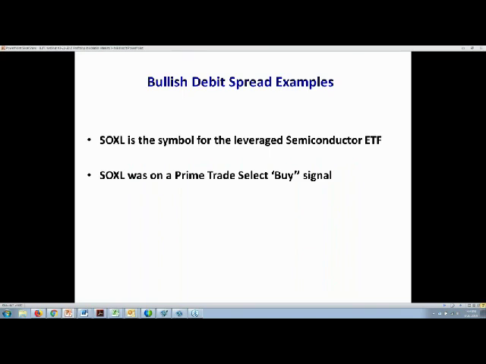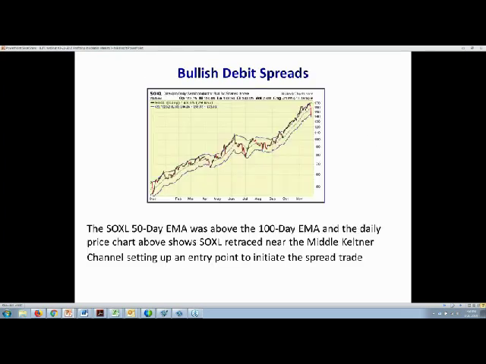This is for SOXL, and that's the symbol for the leveraged semiconductor ETF. SOXL was on a Prime Trade Select buy signal. We used the 1% rule to enter the trade and select the strike price.